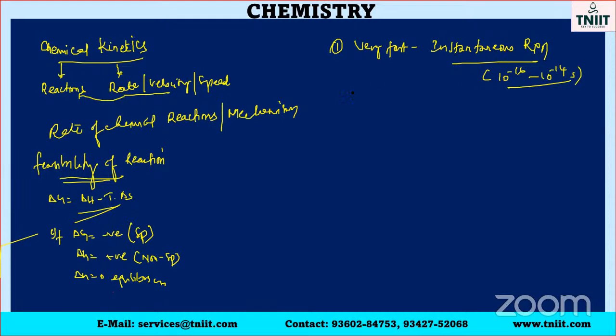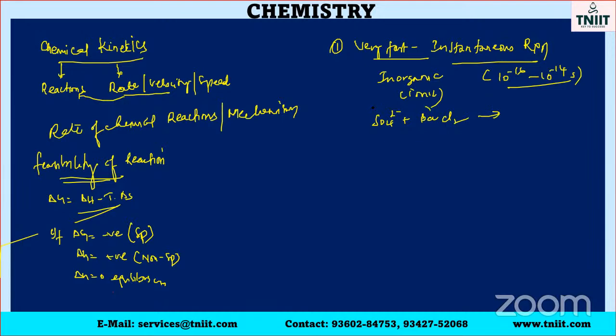Now, generally, these very fast reactions are ionic reactions or inorganic reactions. Generally, ionic reactions are very fast. For example, if you take a sulfate radical, to check the sulfate radical, we will add barium chloride solution.